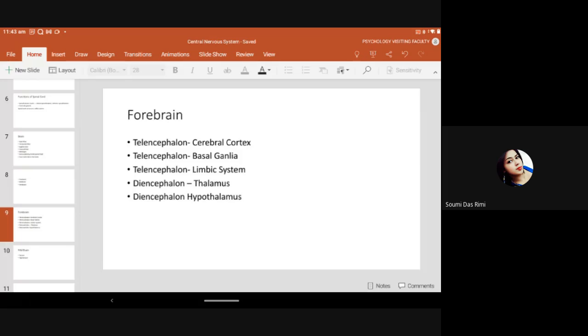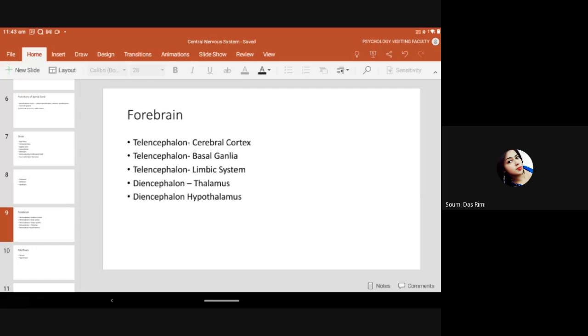So the first layer, it was the cerebral cortex, then number two, the basal ganglia, and it is made up of mainly a white matter, mostly which is composed of number of tracts. Now there the grey matter is present deep inside the cortex, unlike the white matter.